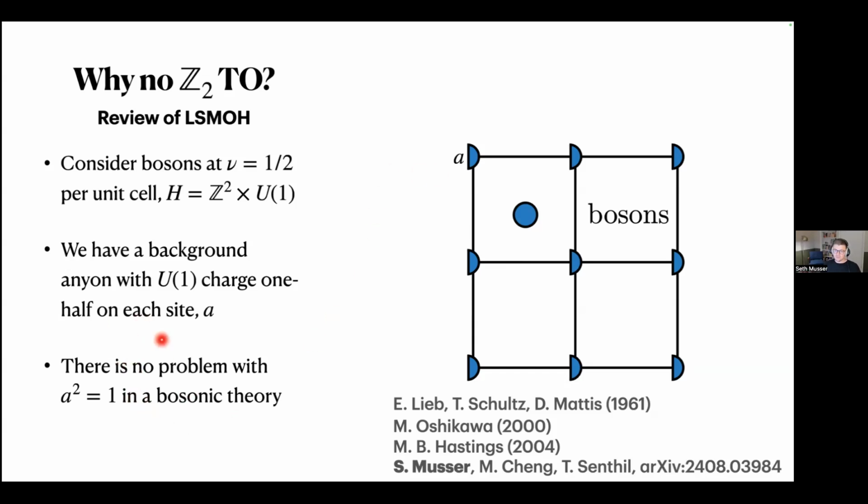Okay, so we have this background anyon A, and in a bosonic theory, there's absolutely no problem with saying that A behaves like the e particle of Z2 topological order, or alternatively, by its other name, the toric code. So we can just require that A squared, if I knit together the two halves of the boson, I just get back to the boson, which I identify with the vacuum.